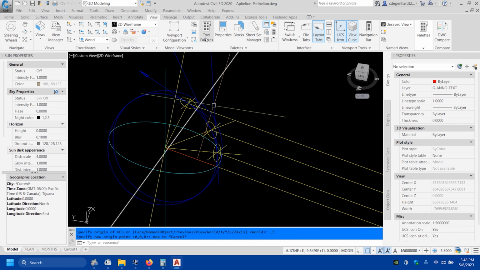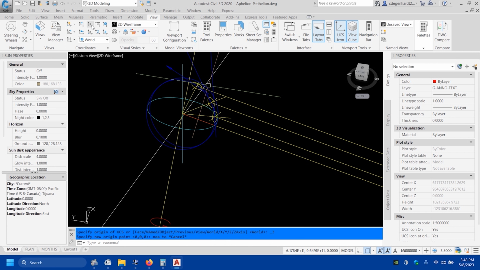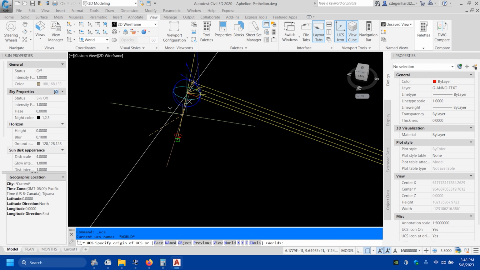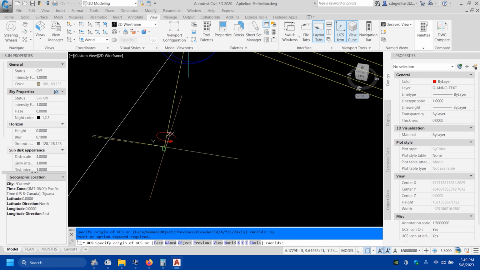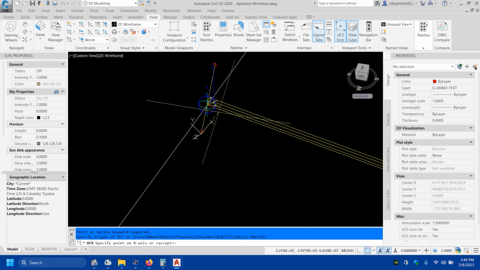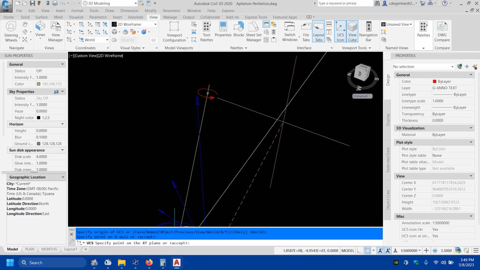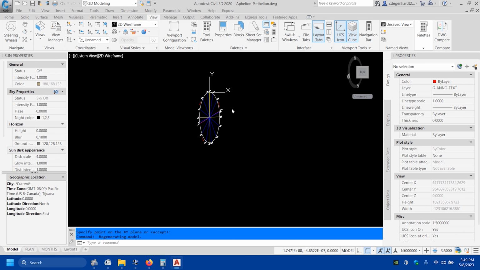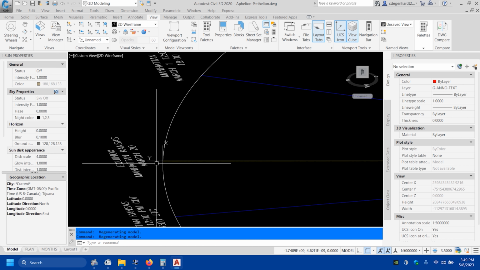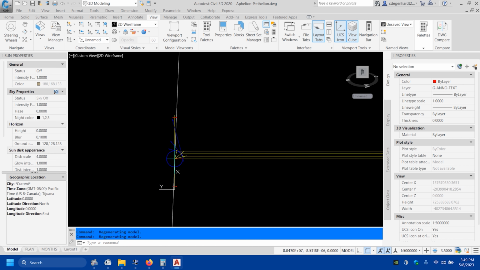We'll just go this way. We'll go to XY. Gives me a different view.